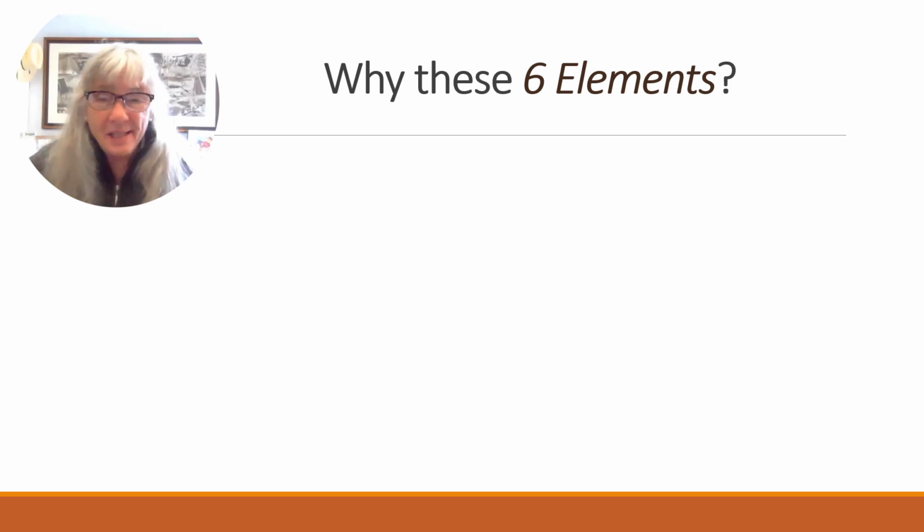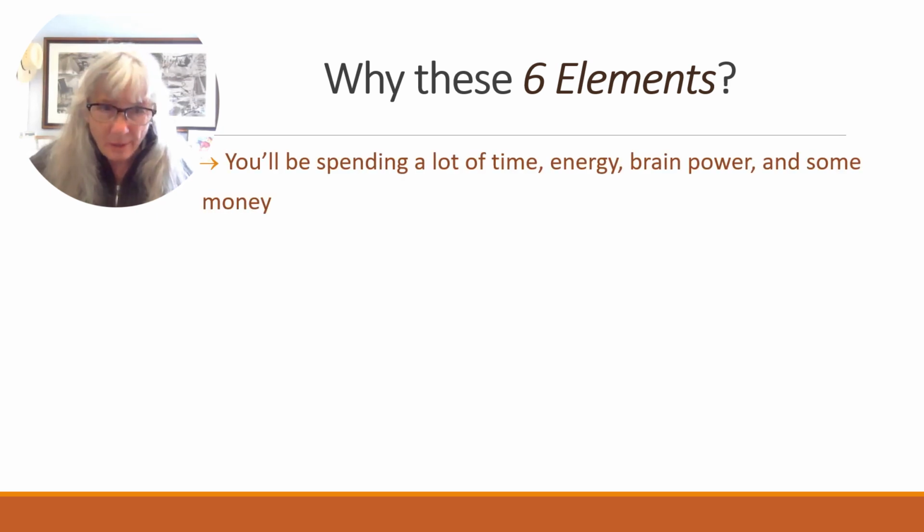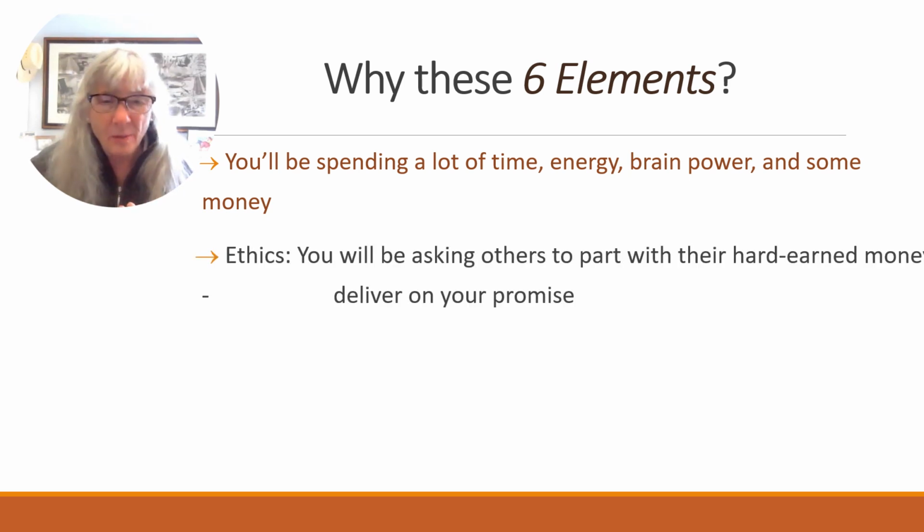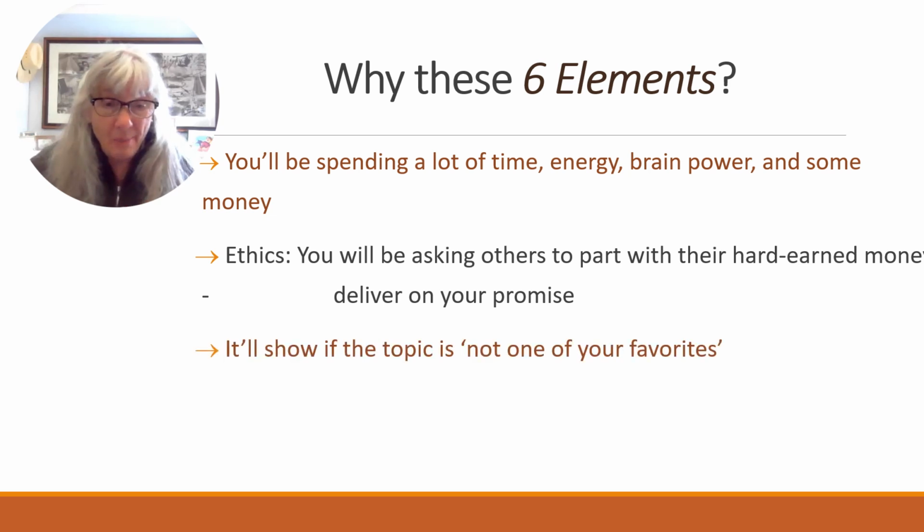Now, why these 6 elements? Those seemed a little lengthy when we talk about how do I know what topic to choose? Well, these 6 elements are critical because you're going to be spending a lot of time, energy, brain power, and some money on this. So it should be something that you want to do. And you know what? Ethically, you will be asking others to part with their hard-earned money because you're going to help them do the same thing that you're wanting to teach them or train them.